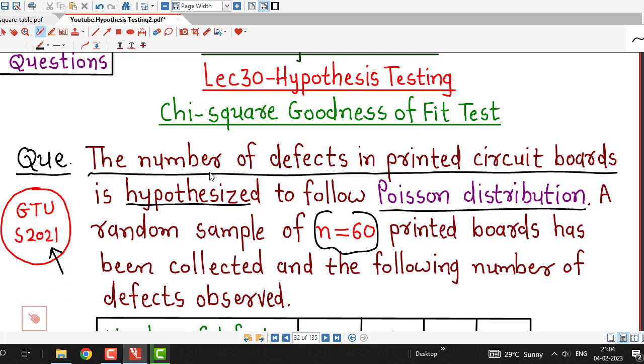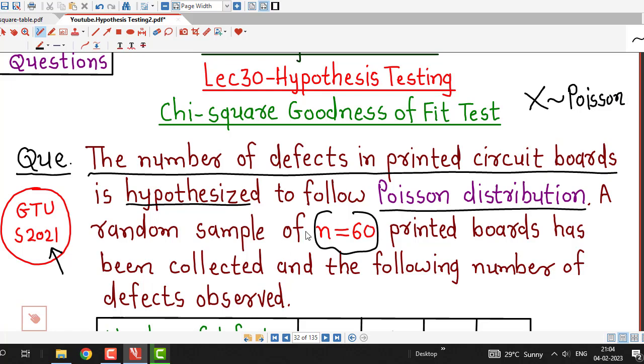Here the random variable under consideration is the number of defects in printed circuit boards, and we have to test the null hypothesis that this random variable, which we denote by capital X, follows Poisson distribution.